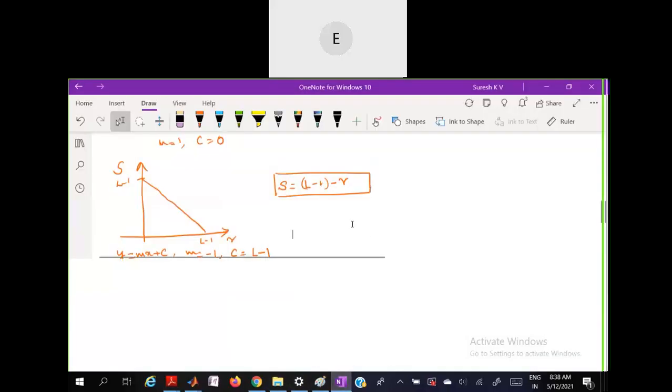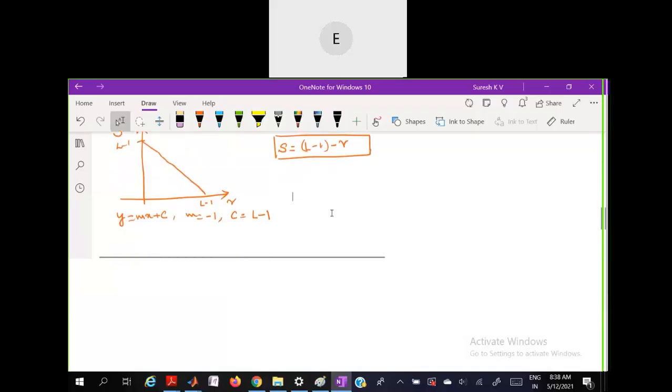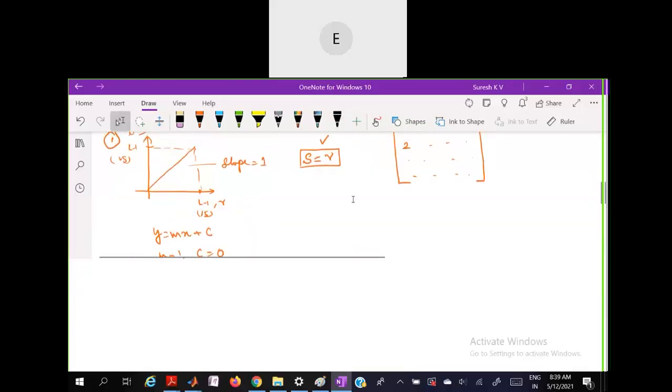Okay. Now what will happen? If you carefully observe here, suppose if R is 0, my S will become L minus 1. That means L minus 1 is the white, 0 is black. So black pixel will become white. If R is 255, in fact it is maximum, L minus 1 is 255, so your S will become 0.